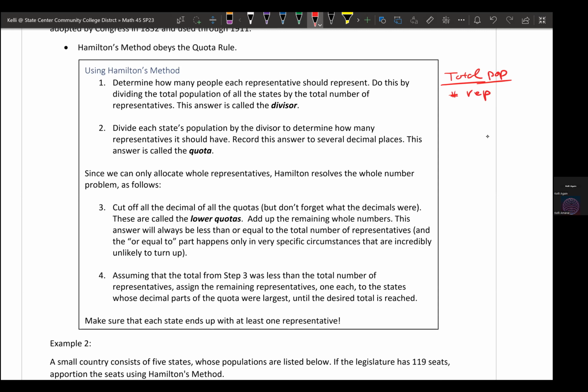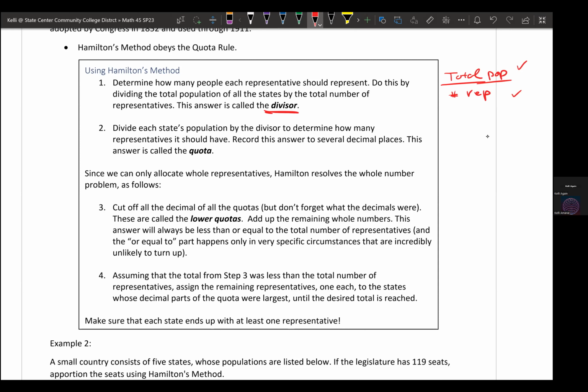That'll tell you how many people per representative. So you're saying, given how many people we have and how many representatives we have, each representative should represent this many people. And that number is called the divisor. You'll see it's called the divisor because in the next step, we're going to divide by it. So that is the divisor.